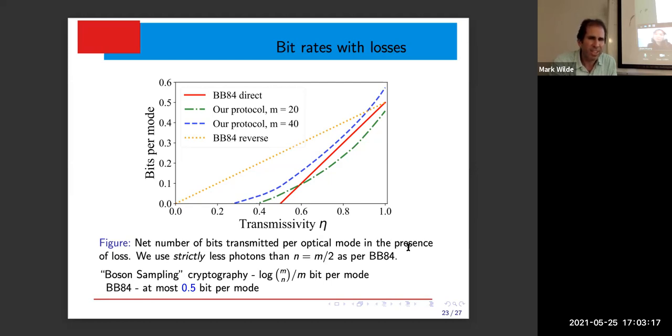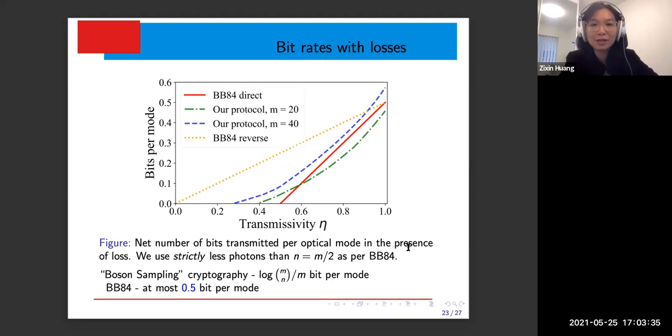I wouldn't even have included the BB84 reverse on this plot, because it's a different task, a different style of protocol. Yes, you're right. But the referee asked for that particular plot, which we didn't include in our final paper.